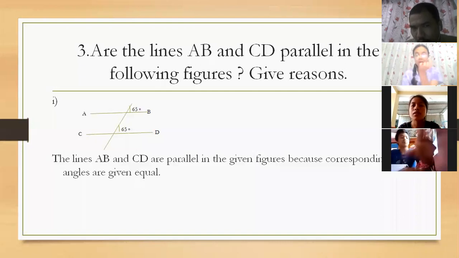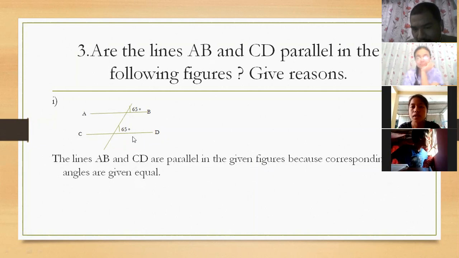If the question is asking whether the given pair of lines are parallel or not, the lines will be parallel, as I told you before, when corresponding angles are equal.